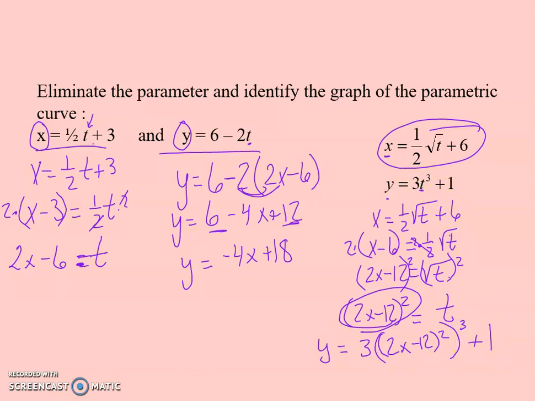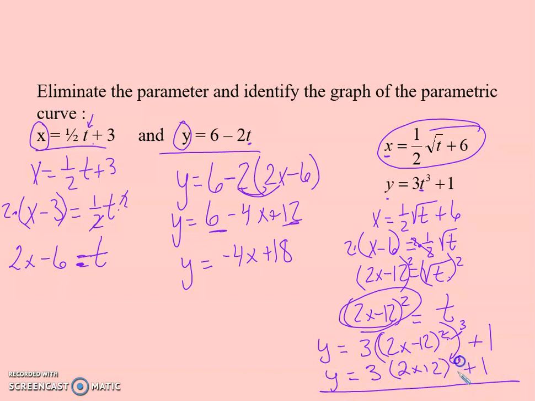Plus 1. Alright, so that means that we're going to just deal with our powers here. 3, and we'll have (2x minus 12) to the 6th power, because power to power we multiply. Okay, so this would be our equation.